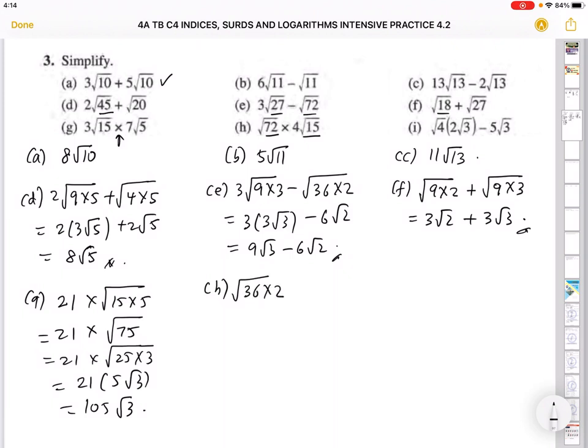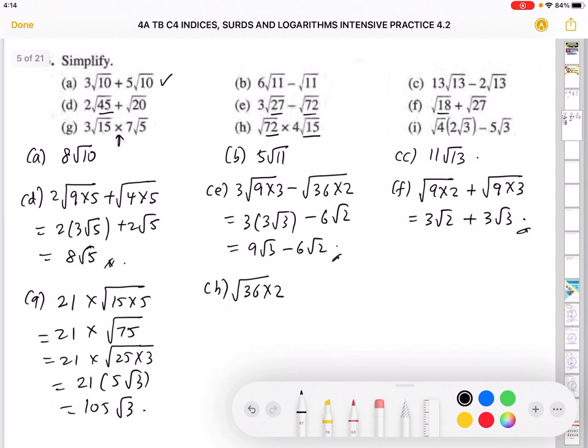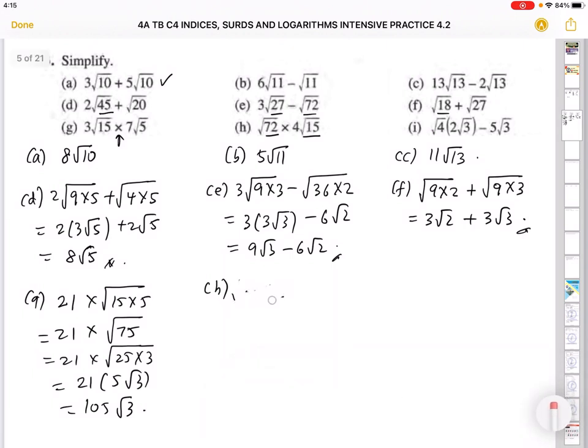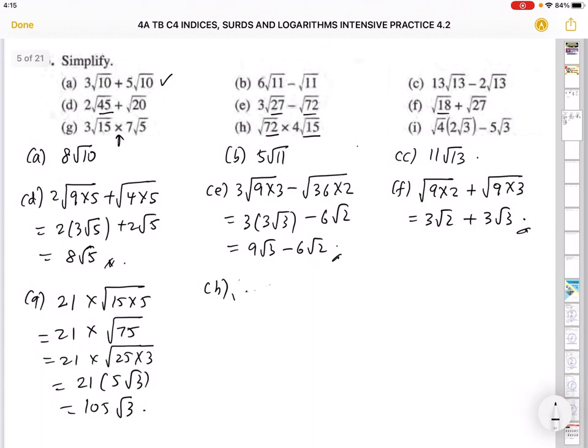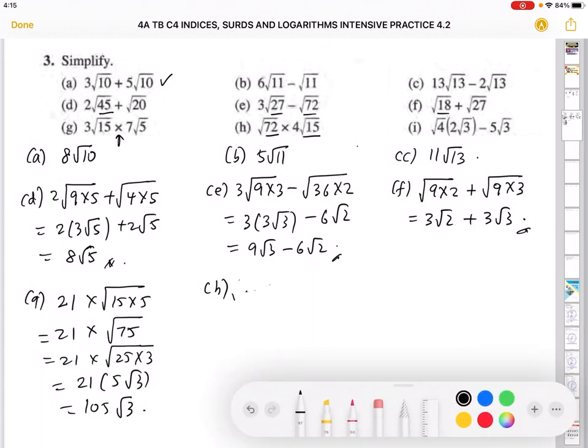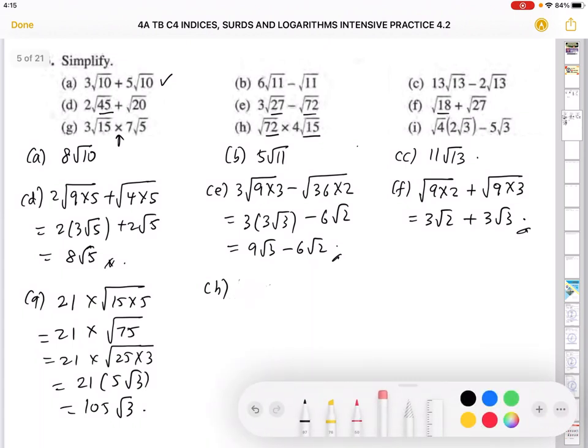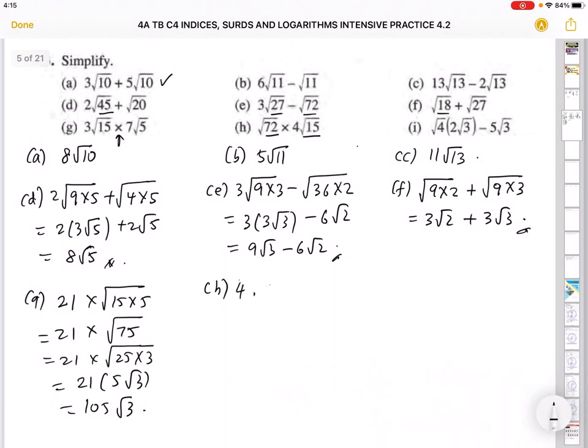Okay, but for part H, 72, again I'll take 36 times 2. Okay, before that, maybe I multiply together. Now, some students may prefer to multiply and give a big number, but sometimes a big number is a bit harder for us to break it down later. So what you can do is you keep the 4 in front, right? I would just keep the 4 in front, and I know, okay, 72 times 15 I can write like this.